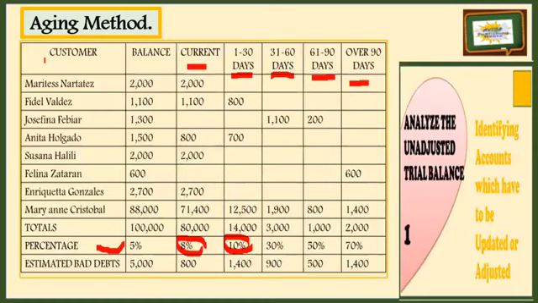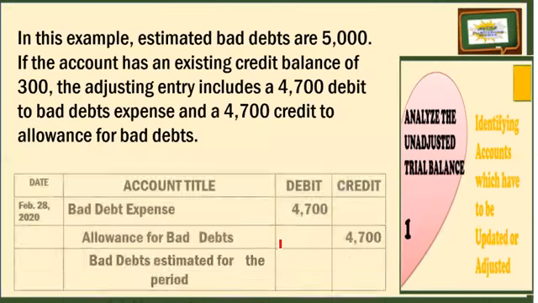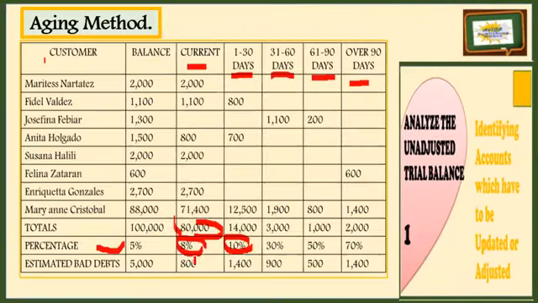Each category's overall balance is multiplied by its estimated percentage of uncollectible accounts. The total of such calculations shall serve as the bad debts expense. So in here, 5,000 will be the bad debts expense.